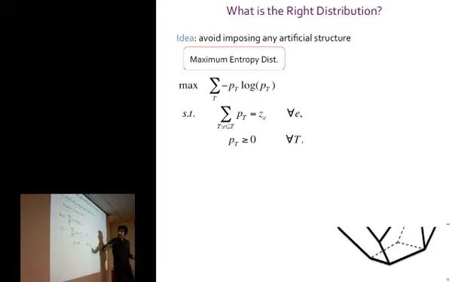Now I would have the marginal probability constraint: for any edge e, the summation of p_T over the trees that contain this edge is exactly equal to z_e. And these probabilities are non-negative.